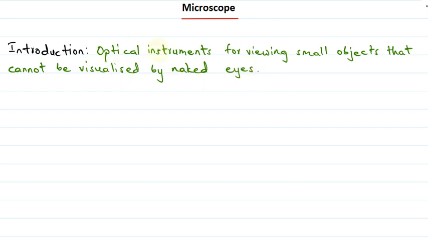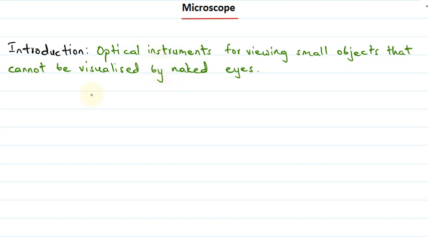So what are the microscopes? These are optical instruments that are used for viewing small objects that cannot be visualized by our naked eyes. Okay, so what are these small objects? These small objects could be cells, microorganisms which cannot be visualized by our naked eyes. So in order to visualize them, we use these optical instruments known as microscopes.